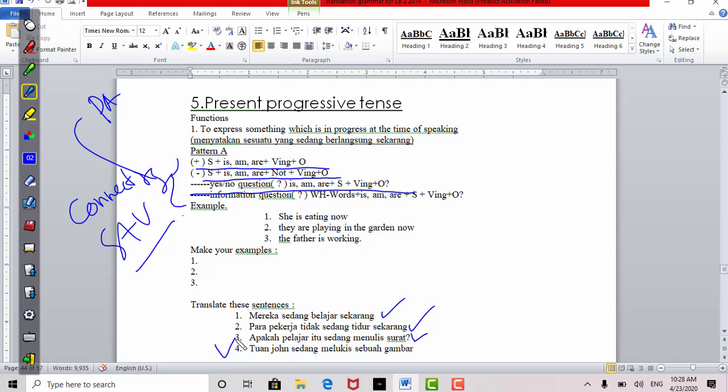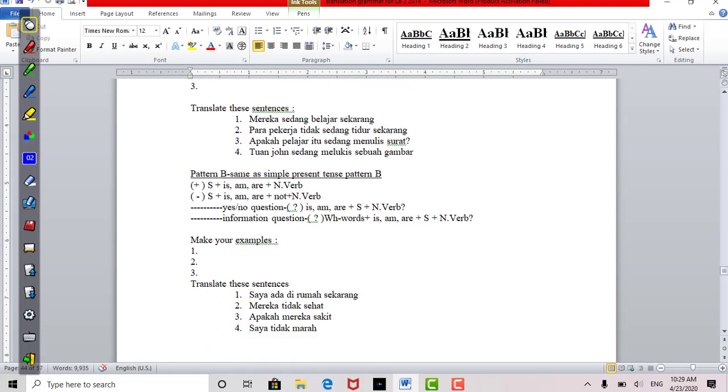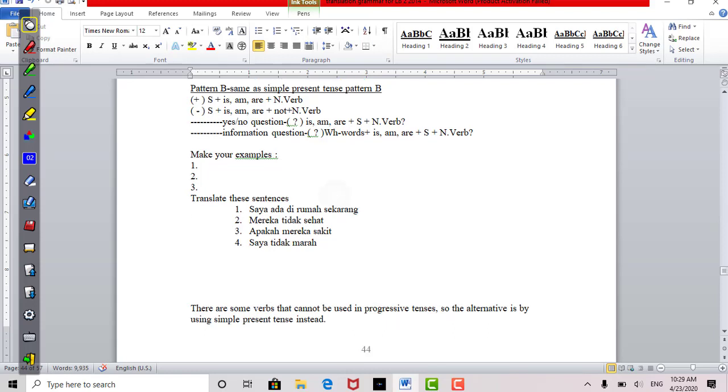When we talk about pattern B, it will be different. You will talk about connecting subject with non-verb. It means that you will have subject plus is/am/are plus non-verb. The non-verb is adjective, noun, and location.